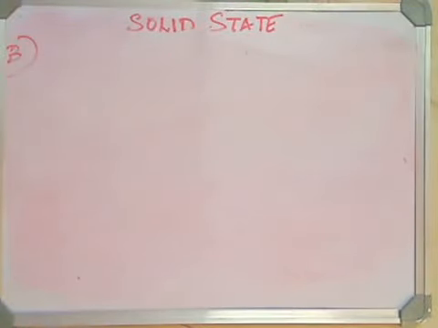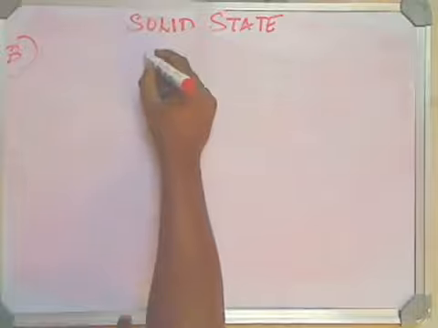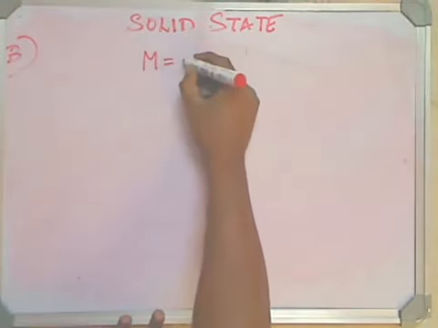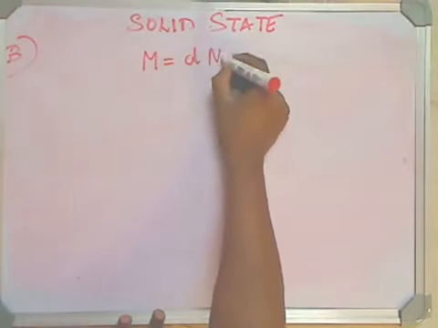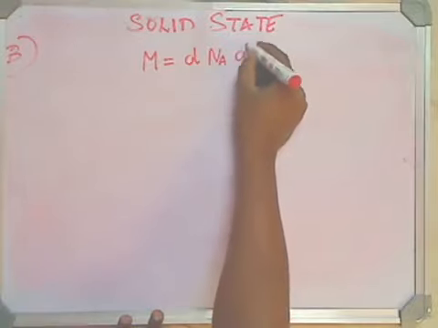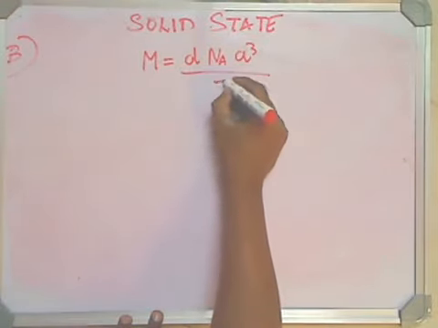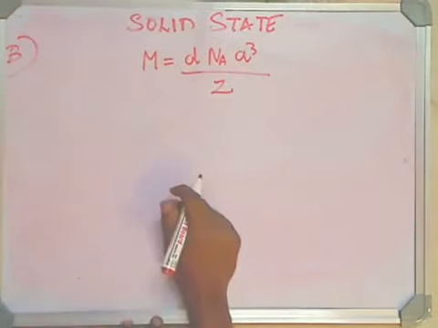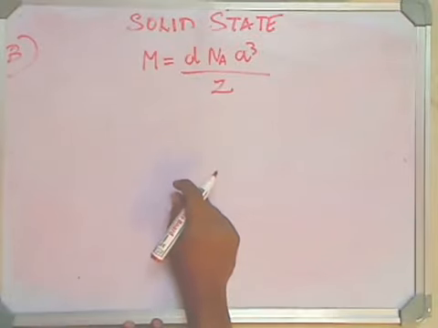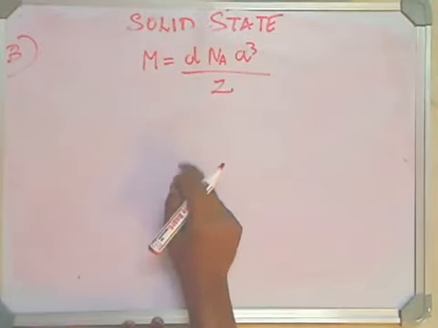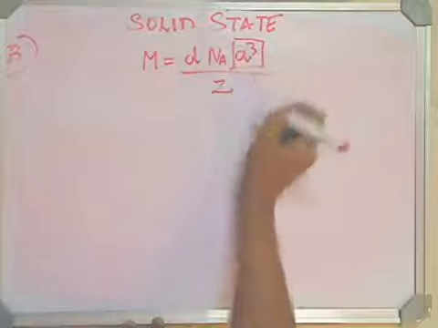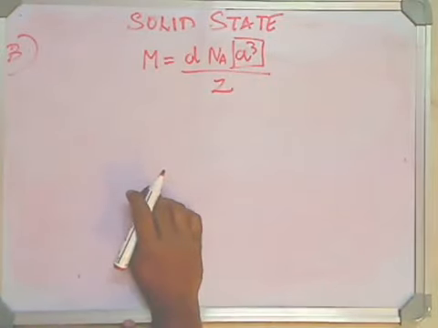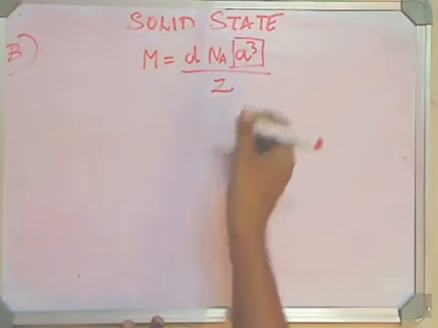Now, if you remember the previous formula that I used, M equals D, the Avogadro constant, A cube, divided by Z. If I were to change the formula here and there, the first thing I would look for would be, before I proceed with my calculations, I first need to find out this.